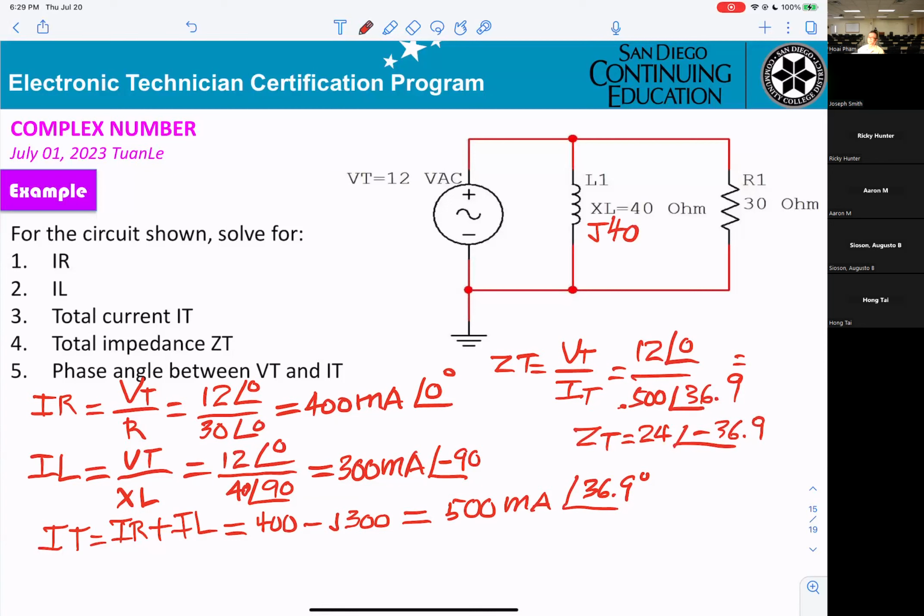You do a parallel, right? 90 right here. So the phase angle is going to be the same.